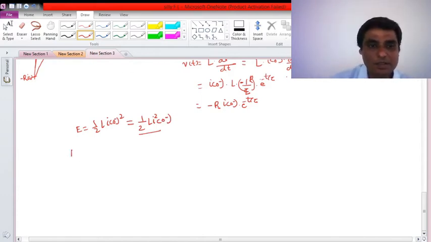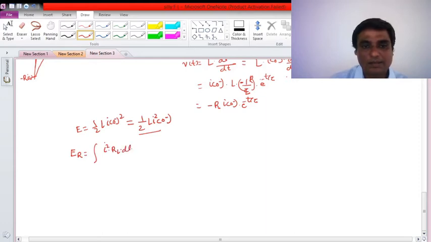Now let me calculate how much energy is dissipated in the resistor. So this will be the integral of I square into RL, right? And this will be from 0 negative to t, or final. Now I have to calculate, so 0 negative to infinity is simple. Then what is my I square?